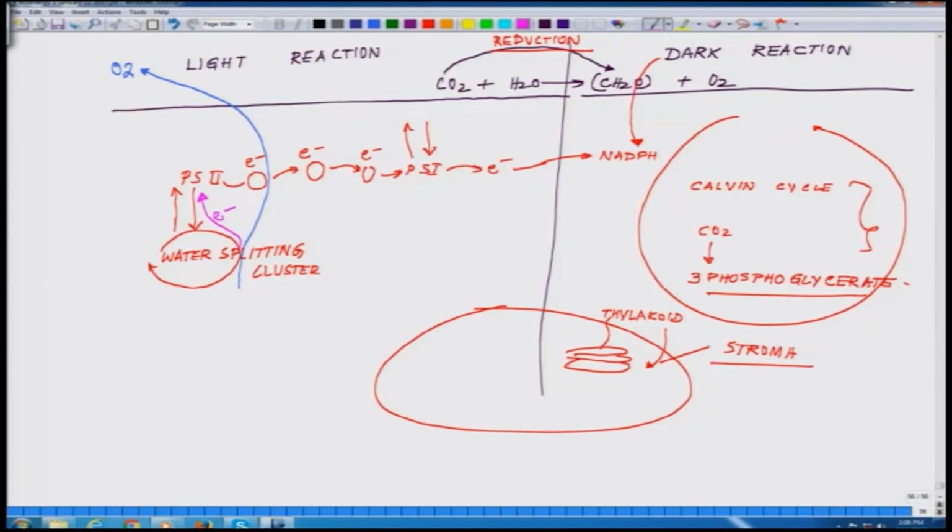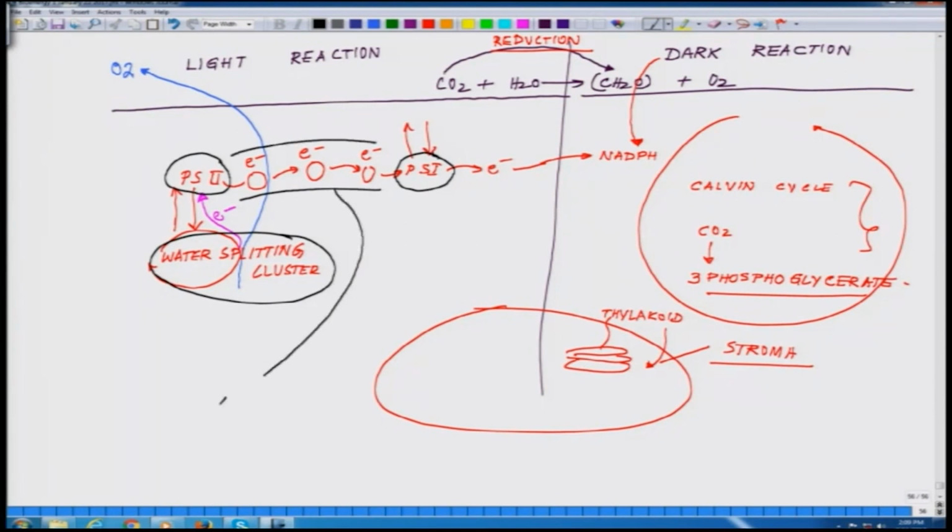So, if we have to summarize all the new terminologies today in the roadmap, we talked about photosystem 1, now I am circling all of them. We talked about photosystem 2, we talked about the water splitting cluster, we talked about this part which is generation of ATP because of proton motive force across that membrane.